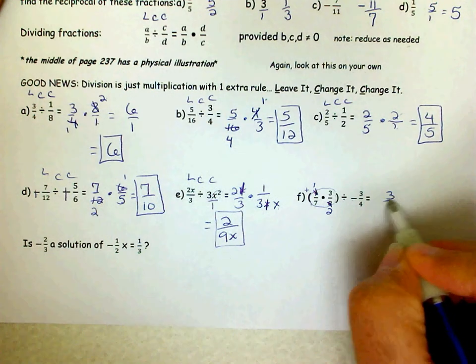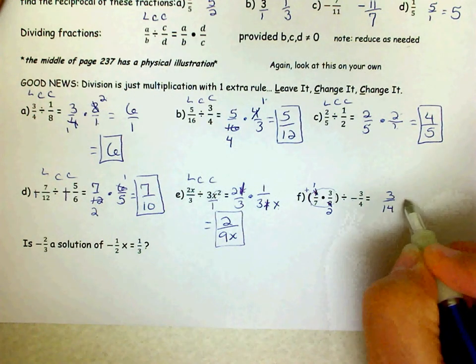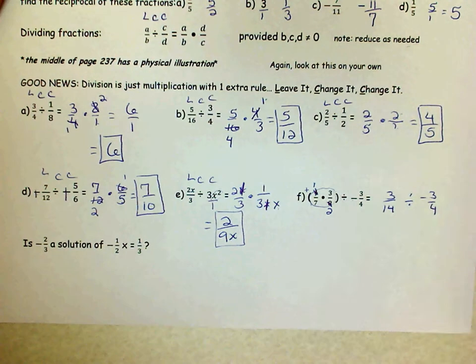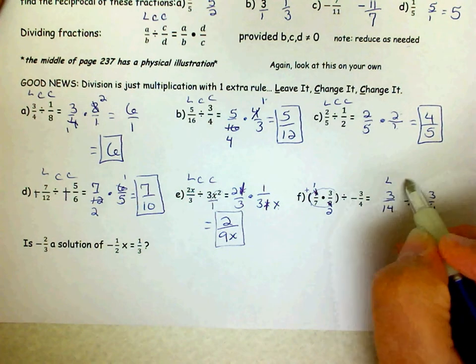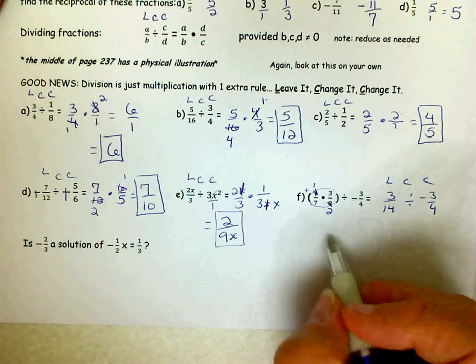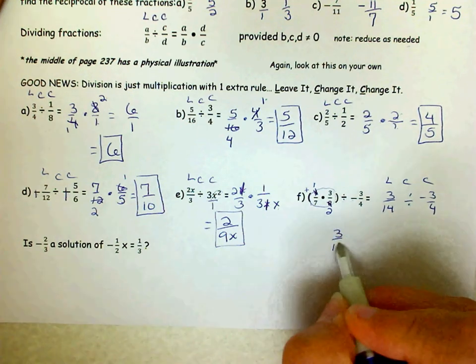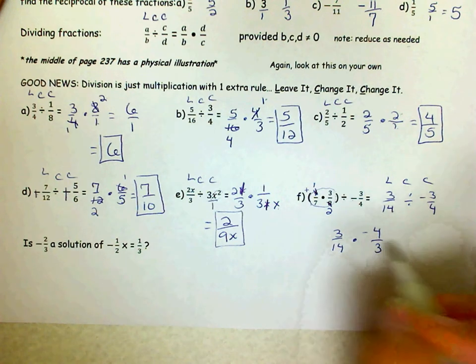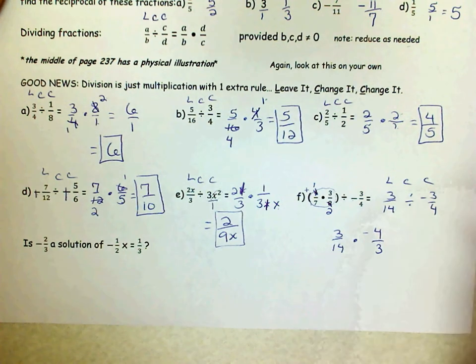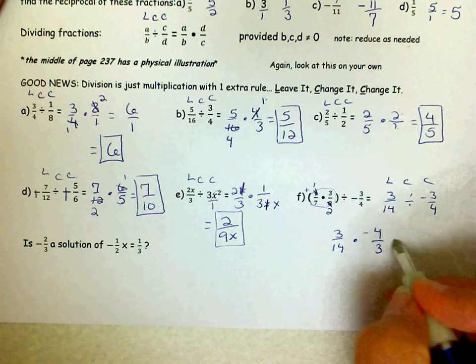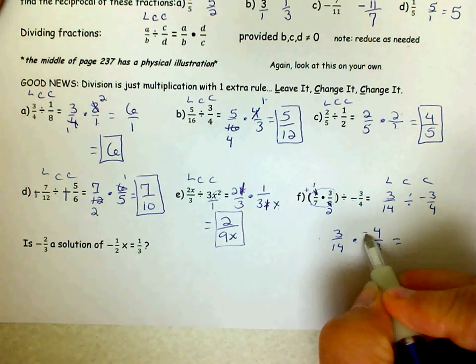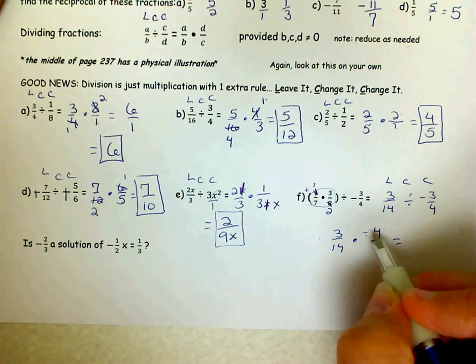So that gives us 3/14 divided by -3/4. Now we use the leave it, change it rule. So 3/14 times -4/3, and yes, it is okay if I bring the negative up top. And a positive times a negative, according to SPUN, unlike numbers, negative answer.